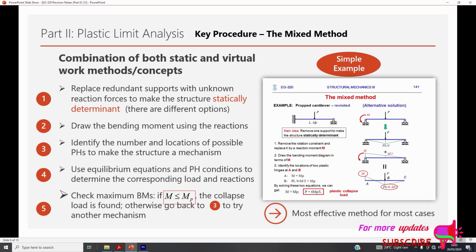Use equilibrium equations and plastic hinge conditions to determine the corresponding load and reaction. Check the maximum bending moment. If M is less than or equal to Mp, the collapse load is found. Otherwise, go back and try another mechanism. It is the most effective method for most cases, that is the combination of static and virtual work methods.